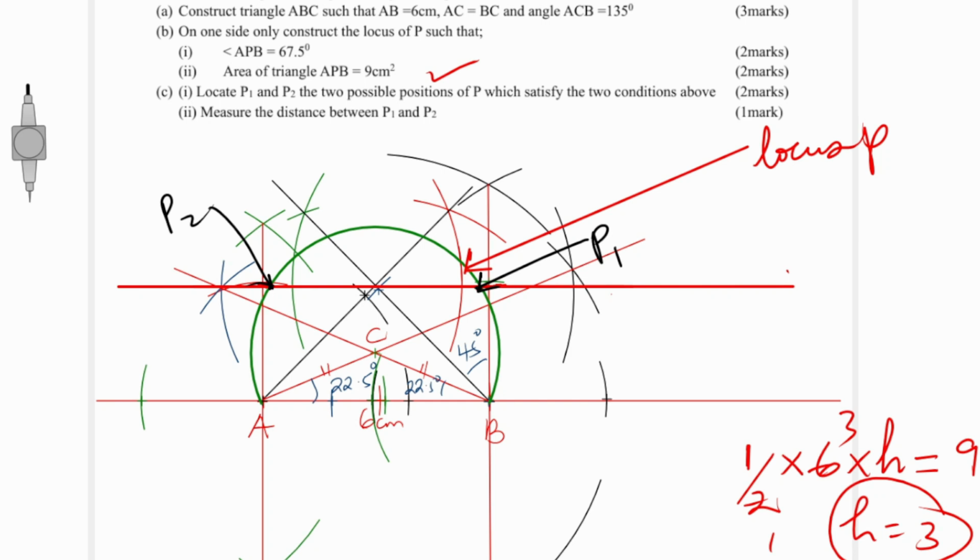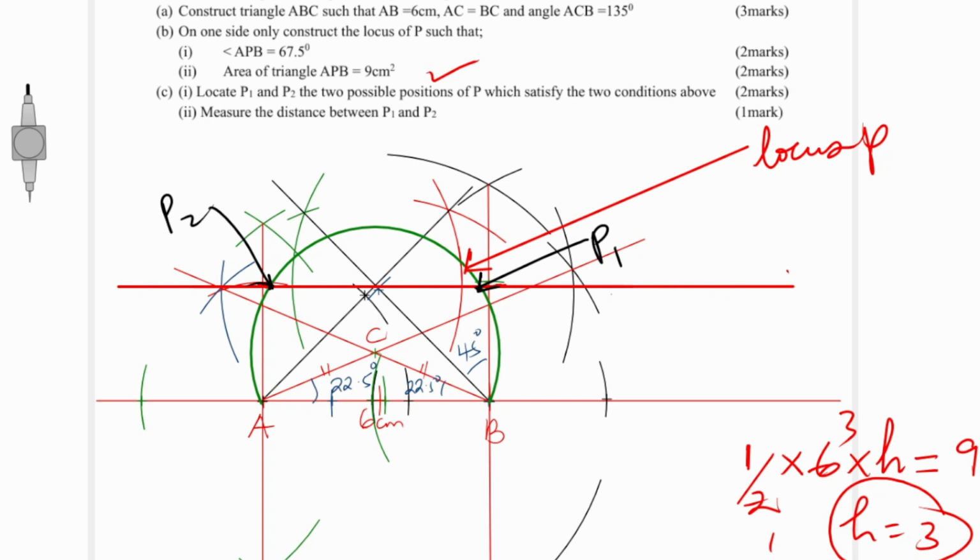It satisfies the two conditions above: angle AP1B will be 67.5. We did that. The angle subtended at the circumference is half the angle subtended at the center. Or simply, the angle subtended at the center by this chord AB will be twice the angle subtended at the circumference. AP2B will be 67.5, and the area of triangle APB will be 9 square centimeters.